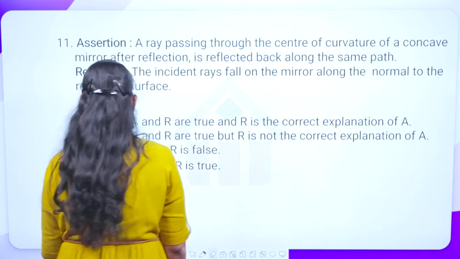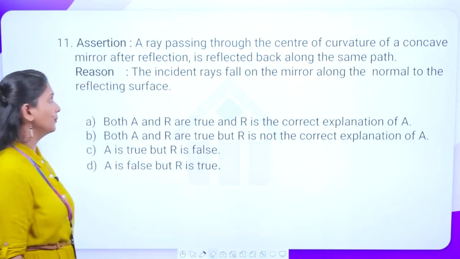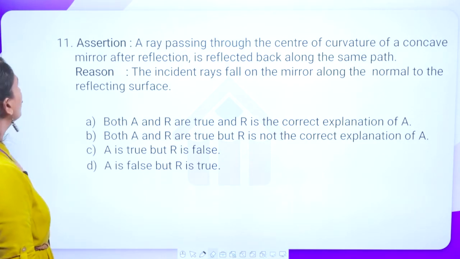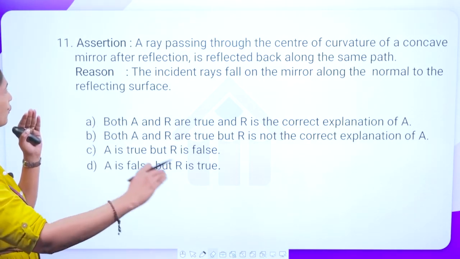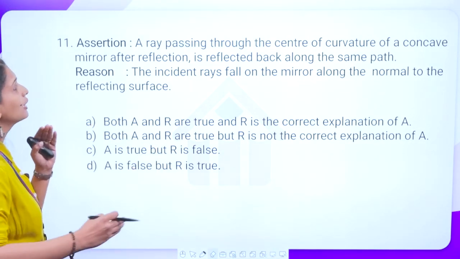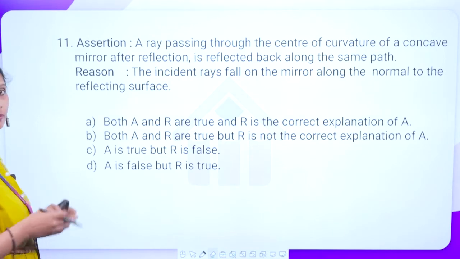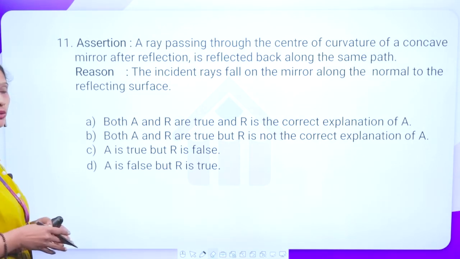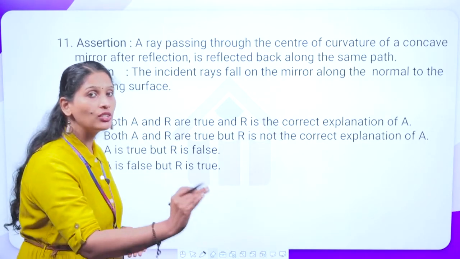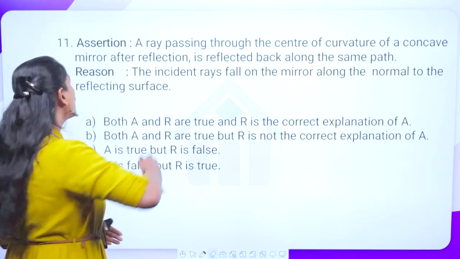So you have a ray passing through the center of curvature of a concave mirror. After it is reflected, it is reflected back along the same path. And it's true, right? We know that when a ray is passing through the center of curvature, it is retracing its path. So the assertion is correct.